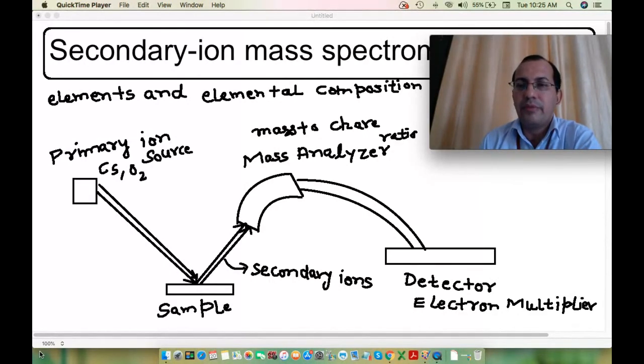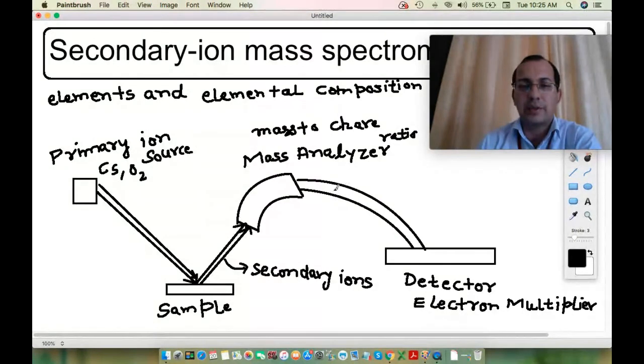And why will it give you the secondary ions? There are many processes going on there, like a process known as sputtering. What is the meaning of sputtering? It is the process where you bombard a sample with heavy ions.